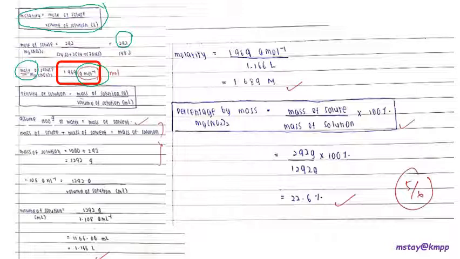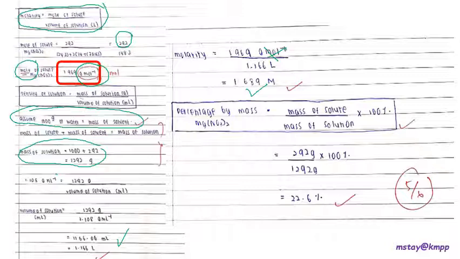So for this question, when the student wants to determine the molarity, the student assumes mass of solvent. With this, the student is able to find mass of solution and then uses the density given to determine the volume of solution. Once the student has number of mole and volume of solution, the student is able to determine the molarity.